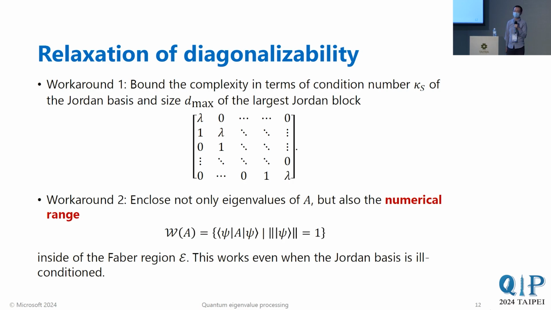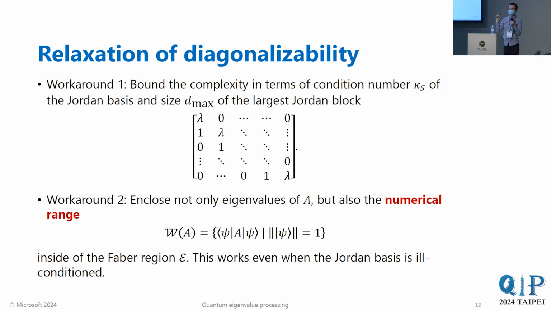Regarding the last question just now, what does your answer mean with respect to the robustness of this method? So if you perturb the input matrix a tiny bit, what about the output? Right. So as I showed here, there are two workarounds for the general non-diagonalizable matrix. The first one depends on the condition number of the Jordan basis.